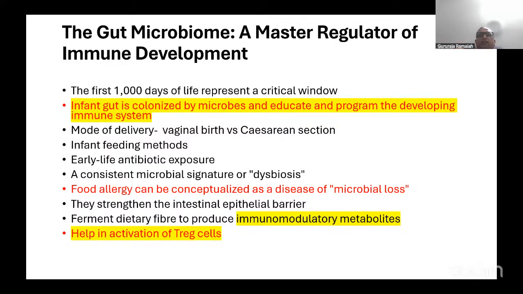Our cells contain important receptors like GPR43, that is, G protein coupled receptors.